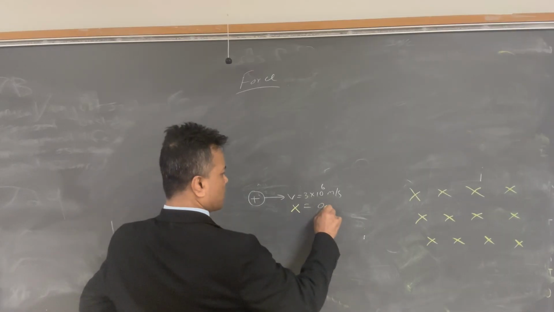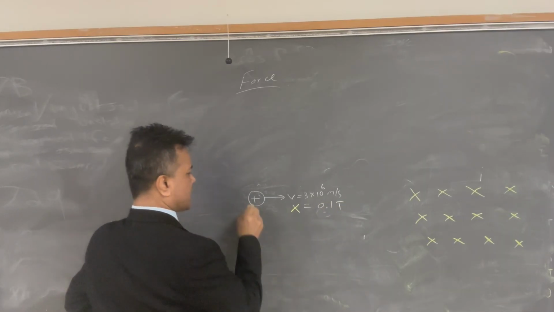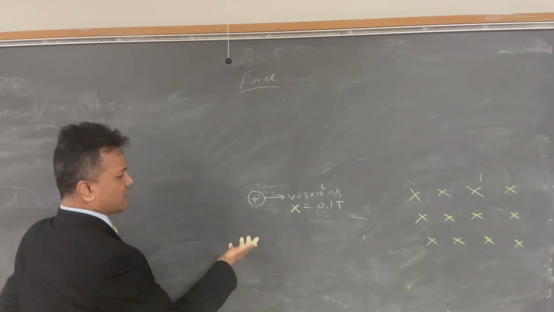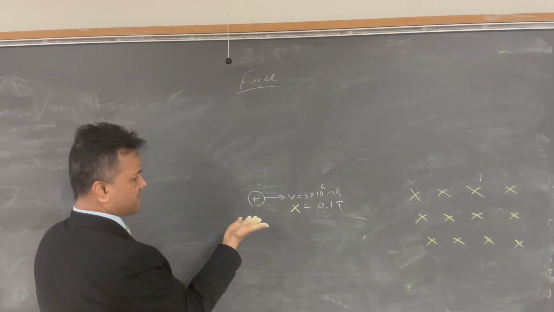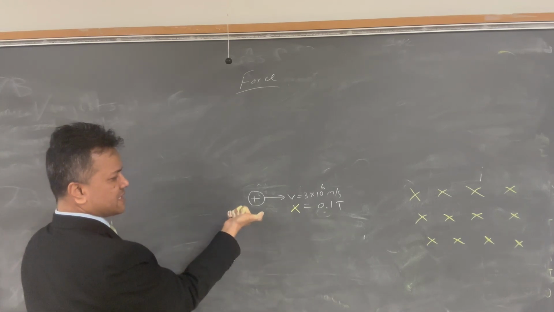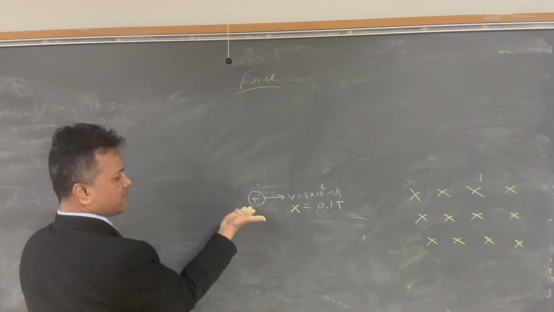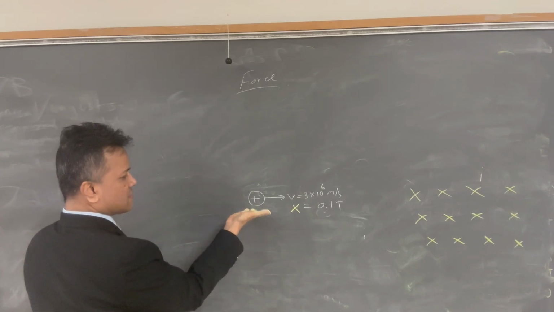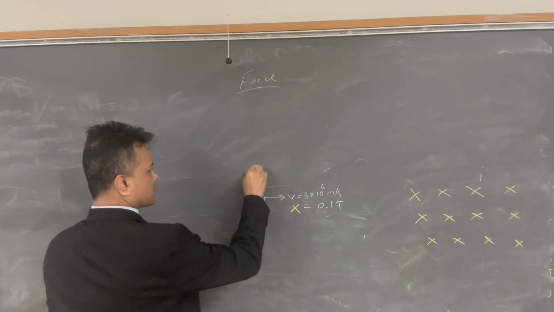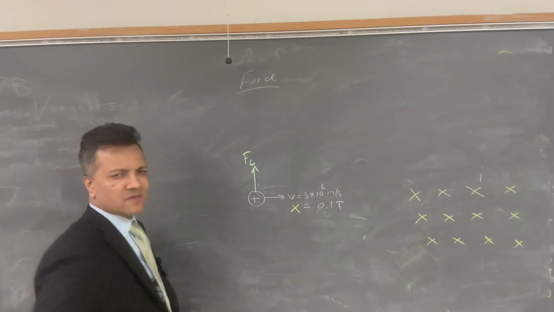So field is 0.1 Tesla at right here. Now, if you use your right hand rule, what would be the direction of the force? My thumb is at the direction of the velocity of the current. Good. Now my finger is at the direction of the field. So you read my palm, which is north. So this is your force. What type of force? Centripetal force.